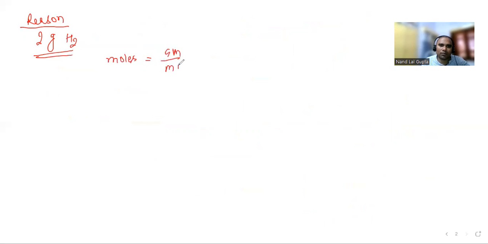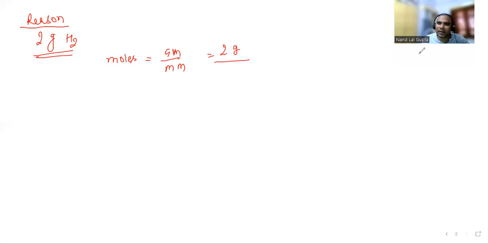The given mass is 2 gram. And for the molar mass, what is the atomic mass of hydrogen? Malvika, can you tell me? The atomic number is 1, so the mass number is also 1, right? How many hydrogen atoms are there?